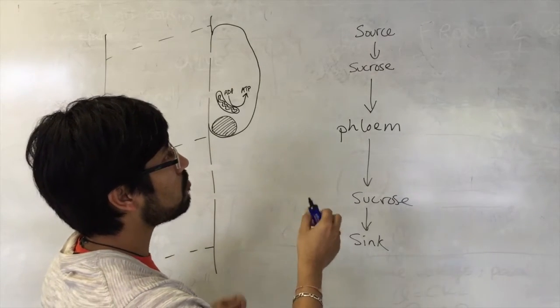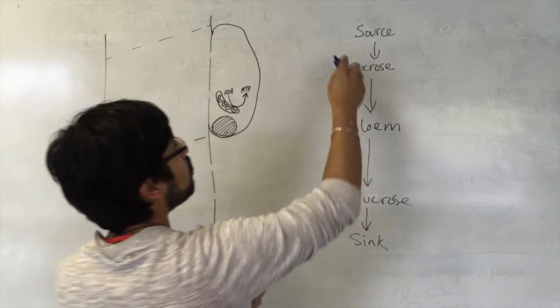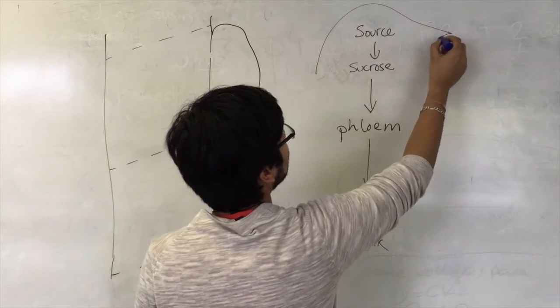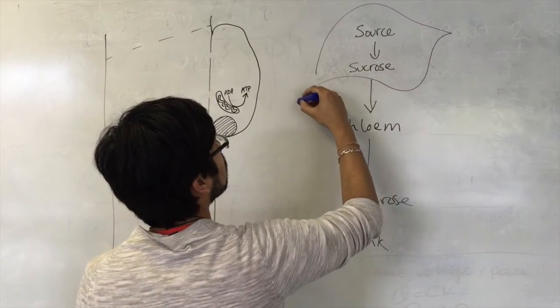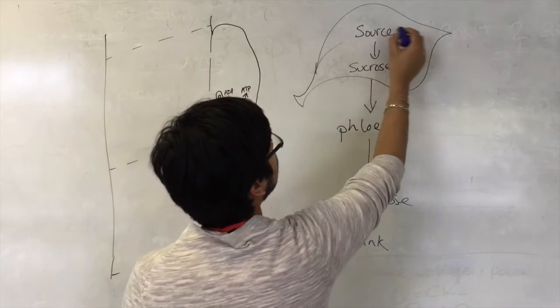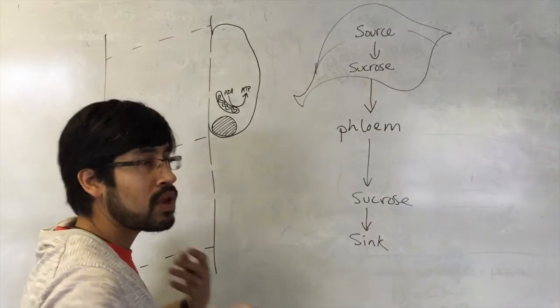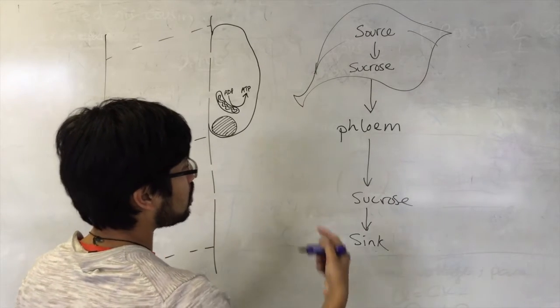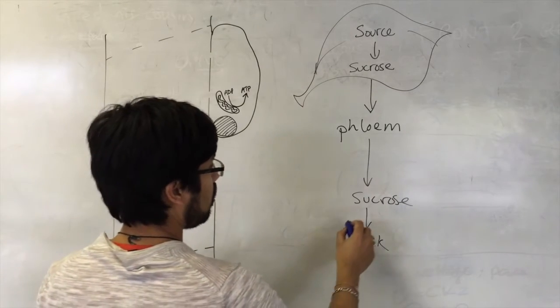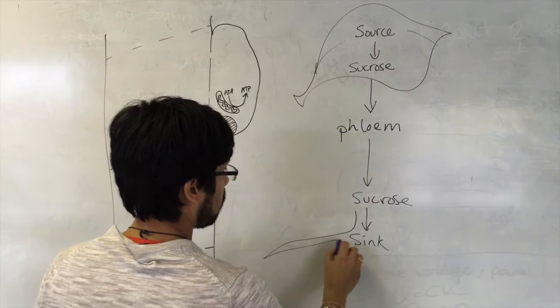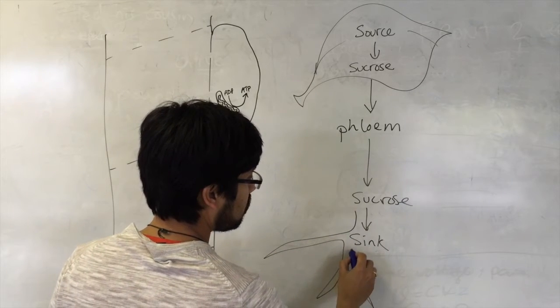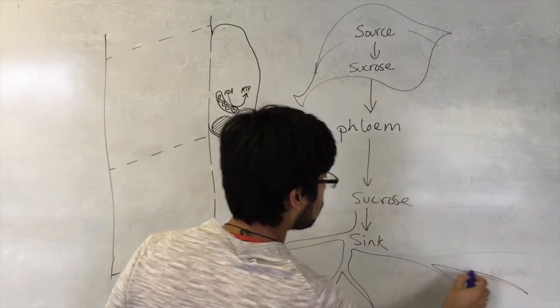Okay, now for simplicity's sake, what we'll say is that our source is somewhere like a leaf where there's lots of photosynthesis going on, and our sink is somewhere like the roots. Obviously, it's not always that simple.